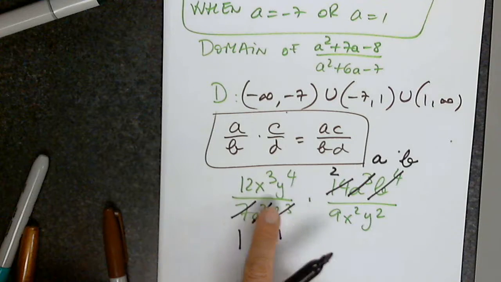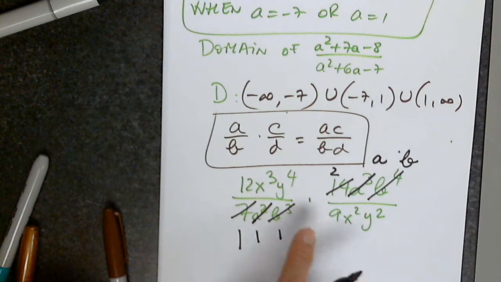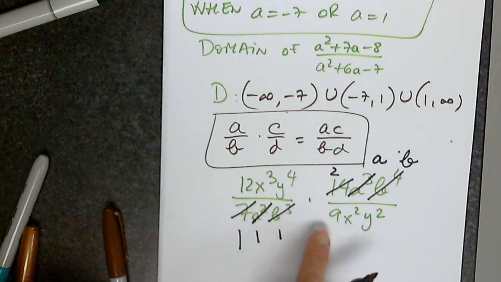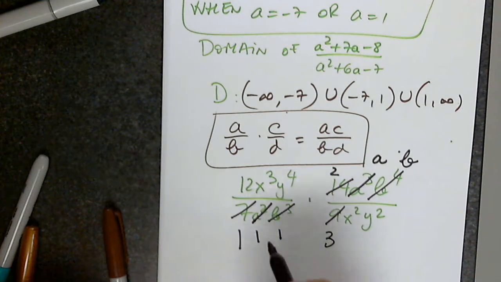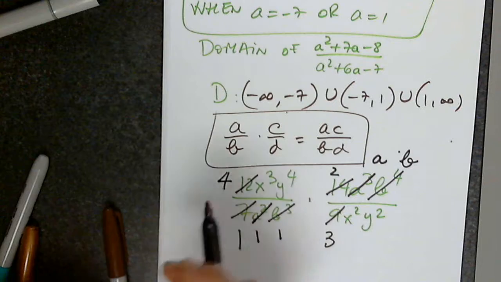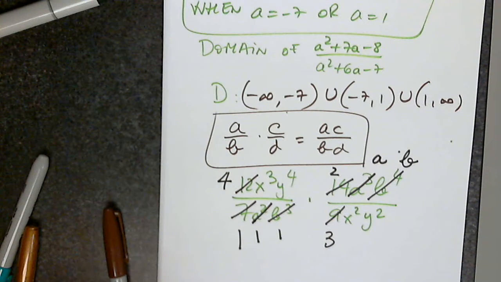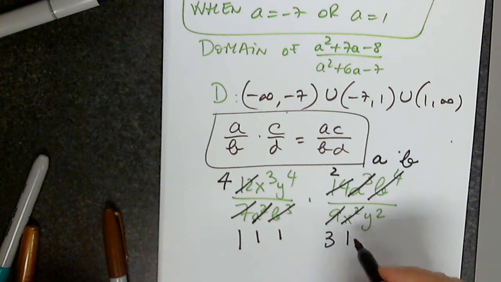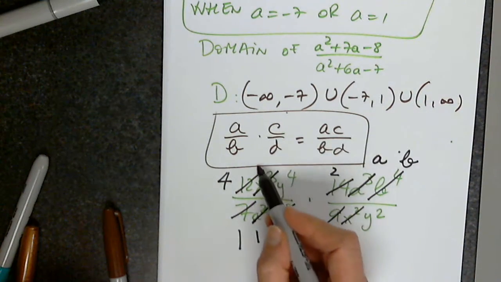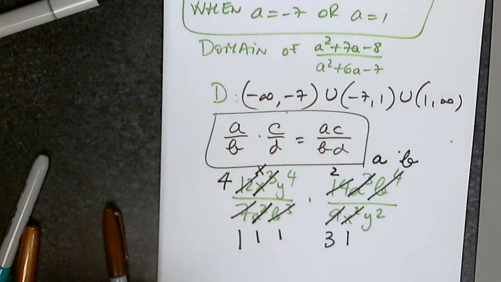Now I see 12 and I see 9. I will simplify both by 3: 9 divided by 3 is 3, and 12 divided by 3 is 4. In the same way I simplify x squared, and 2 of those, and I still have an x.